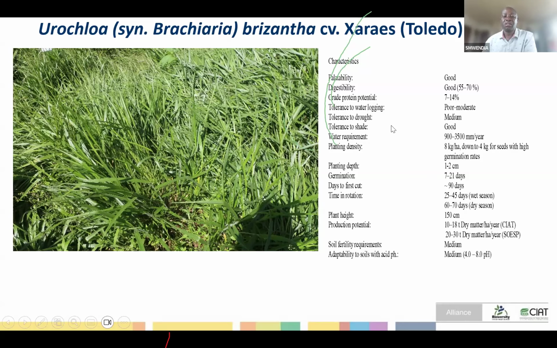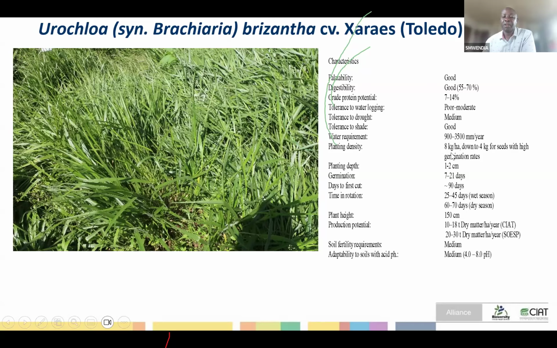But it doesn't quite tolerate waterlogging, so it wouldn't suit areas where water logs for a long time, unlike the hybrid I showed called Cayman. In terms of drought tolerance, it is medium.